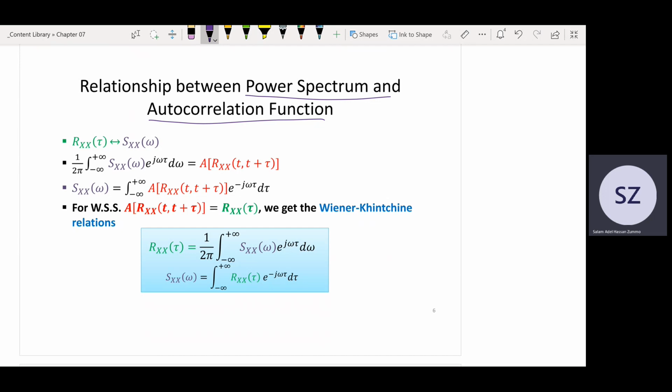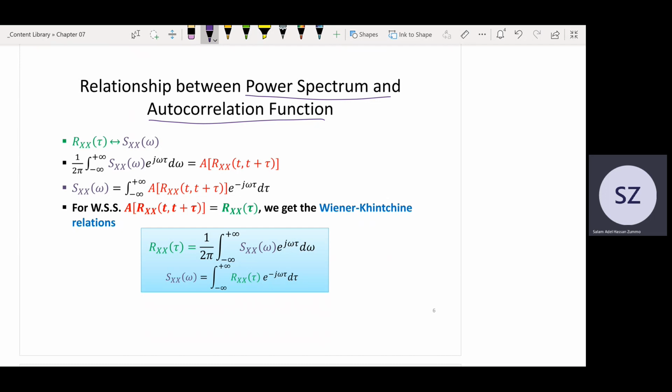Now, here we don't know the signal. It's not deterministic, so we cannot take the Fourier transform. So what we can do is measure the autocorrelation function, and if we are able to measure it, then we can get the power spectral density.